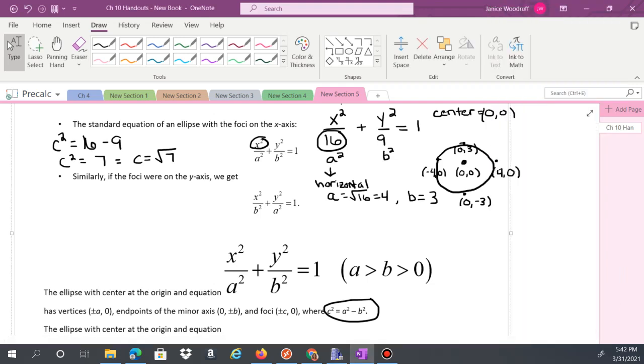Okay, so 2.6 to the left on the horizontal axis, 2.6 to the right. Those are going to be my foci here. So that's plus or minus square root of 7. I'm sorry about the room here. There's not a lot of room. That would be the points of my foci.